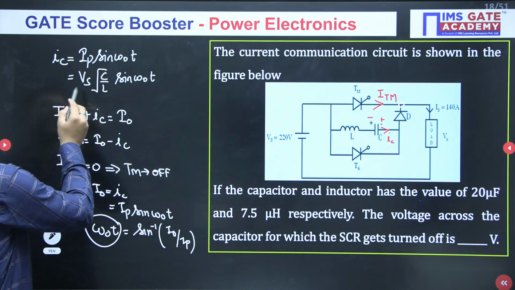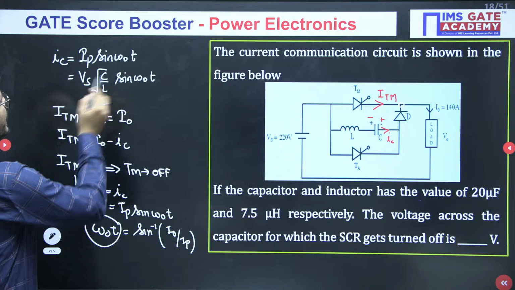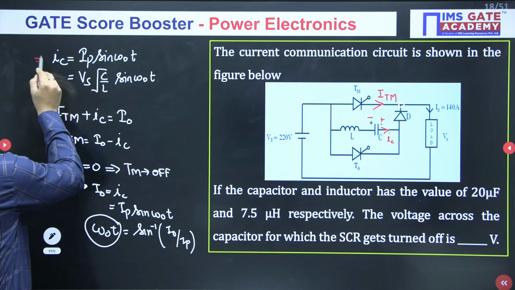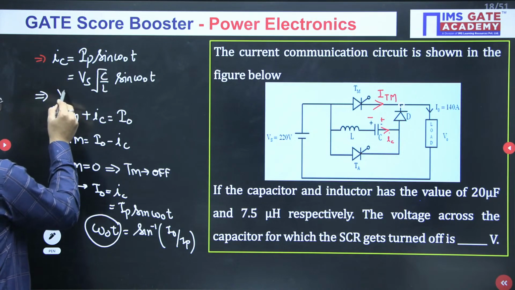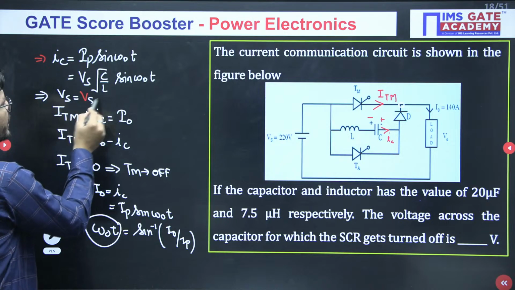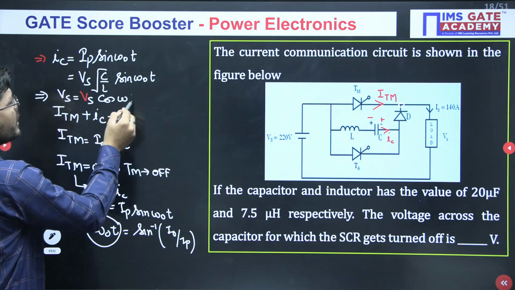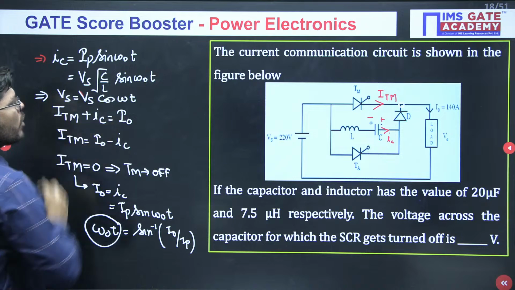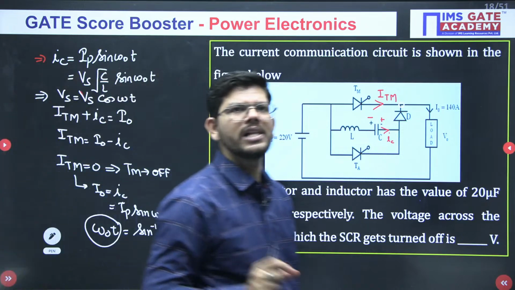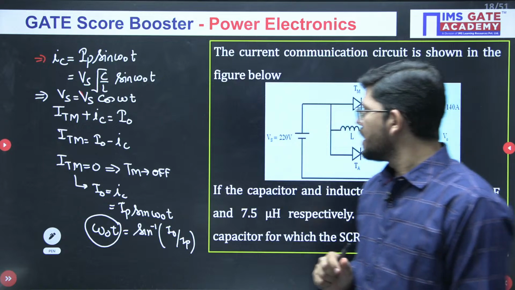So two things we are very sure about here: that the IC current is given by this amount, and you also know that the capacitor voltage will be Vs cos omega t at any time. It is following the cos curve. We know these things from LC circuit concepts.